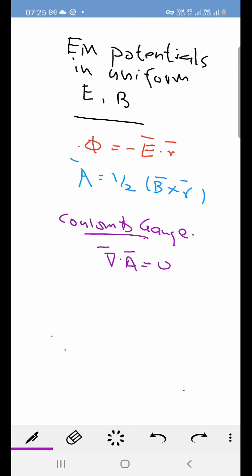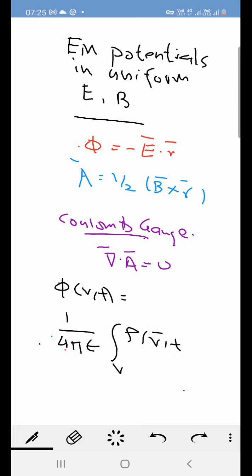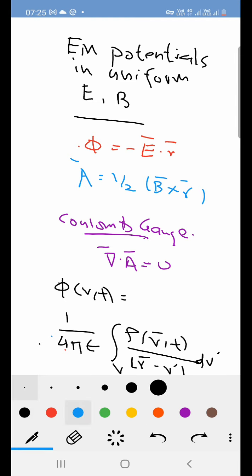And also according to this gauge, the scalar potential phi can be expressed as 1 by 4 pi epsilon integration over V of rho, the charge density, divided by the distance, any change in position. This is the charge density.